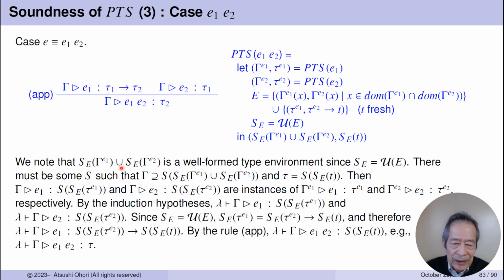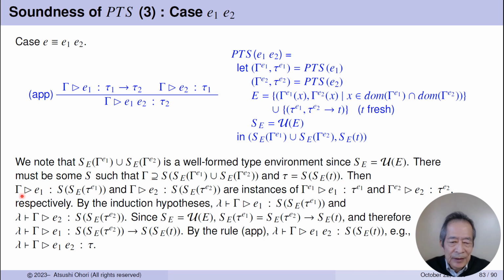So this union is a well-formed type environment. This is a comment. Now let's reason about the picked arbitrary instance of this principal typing. By the definition, there must be some substitution S that when you apply to this environment, we get a subset of this instance gamma, and also S applied to this type part, we get tau. This is a given assumption.